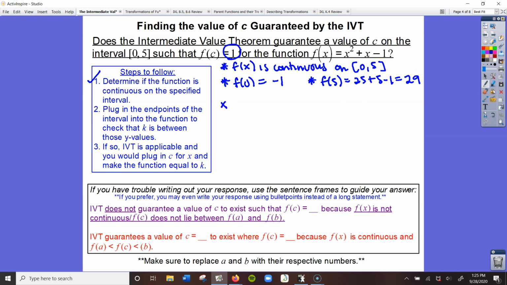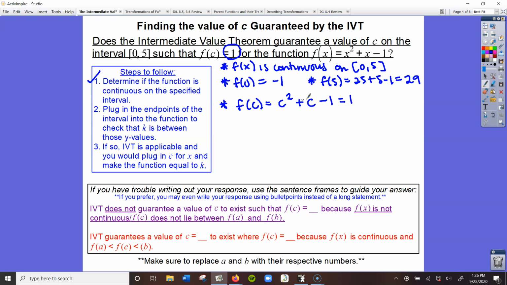So when we're solving for c, we would write f of c is equal to, and now this is important, because we're solving for a different variable other than x, and I can see here from my function notation that I'm writing f of c, please make sure to replace your x values with c. So c squared plus c minus 1, and we want to make it equal to 1.